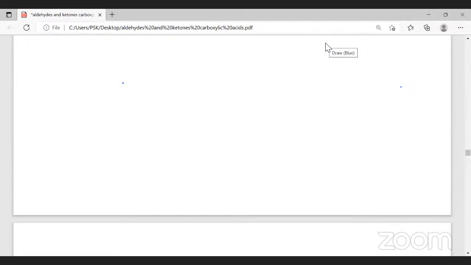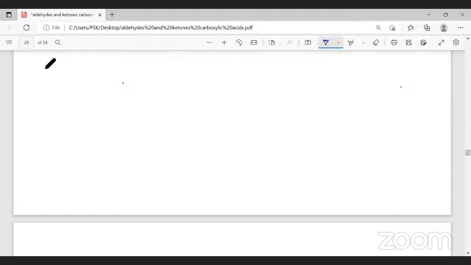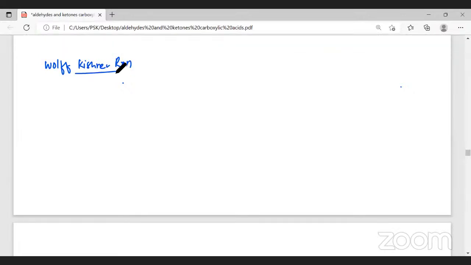So next is another named reaction called Wolff-Kishner reaction. Now, what is this Wolff-Kishner reaction? When carbonyl compounds are heated with hydrazine in the presence of alkali, hydrocarbons are formed. That is called Wolff-Kishner reaction.